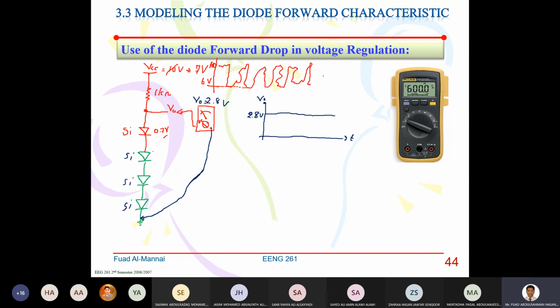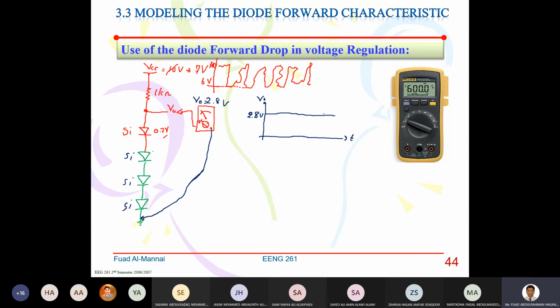It's not a clean VCC. However, my V out will not see this, right? My V out will see a clean 2.8.